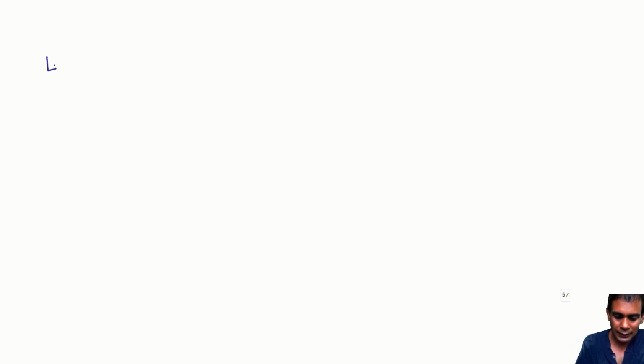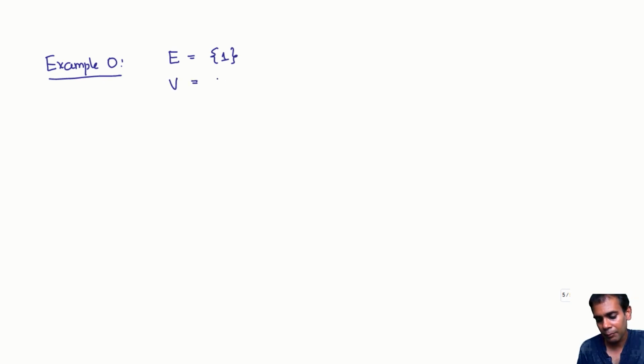So here's the simplest example. Maybe I'll call it example 0, where Q is the quiver where E is just a singleton set {1}, and let's say V is the empty set. So I don't have to specify what S and T are because they're functions from the empty set.